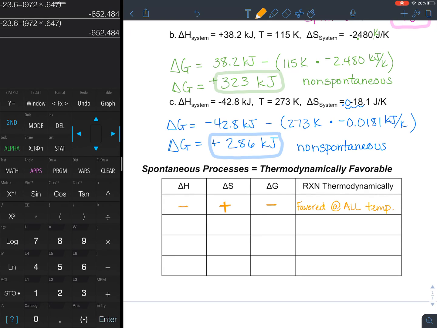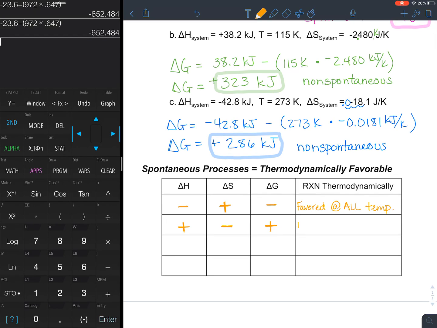Okay. If we have a positive delta H and a negative delta S, and you can actually plug these values in with simple numbers and confirm that using the equation, delta G is always going to be positive then.